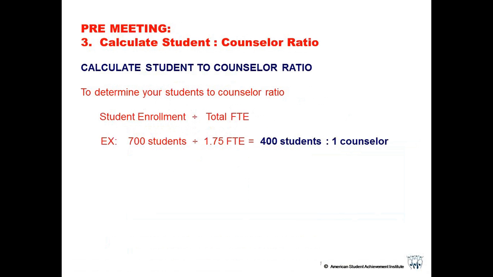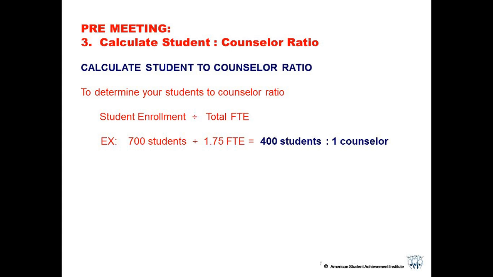For example, if I'm taking my 700 students to, on paper, 2 school counselors, 700 divided by 2 gives me 350 students per counselor. But when I use the adjusted FTE, which acknowledges that some of my counselors aren't spending all their time doing school counseling, and divide by 1.75 instead of 2, the ratio ends up being 400 to 1, not the 350 to 1 before I adjusted.